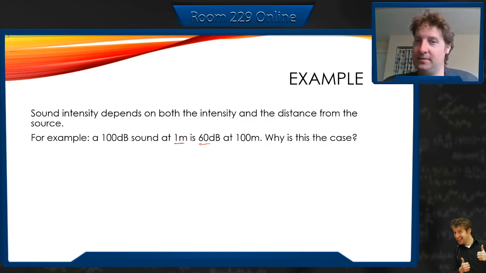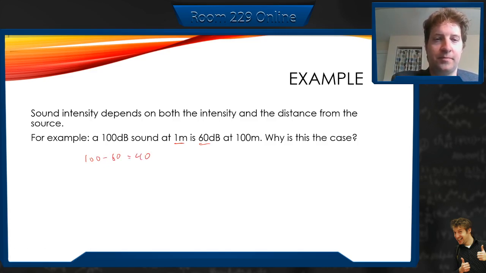Okay, so let's think about it for a second. 100 to 60 decibels. So what's the difference there? 100 minus 60 is 40 decibels. Okay, so I have a 40 decibel difference, which means what? How much difference is there in sound then?